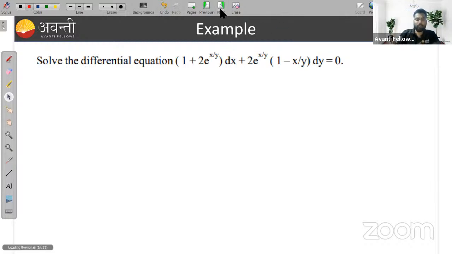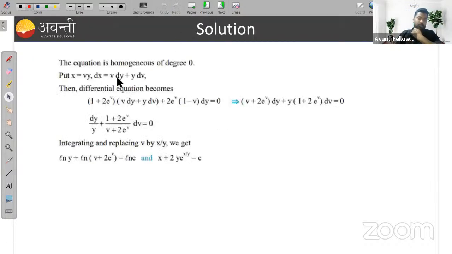So see, the equation is a homogeneous equation of degree 0. What we'll do, put x is equal to vy, or you can take y is equal to vx also. Here we are putting x is equal to vy. After differentiating, what will you get? dx is equal to v dy plus y dv.